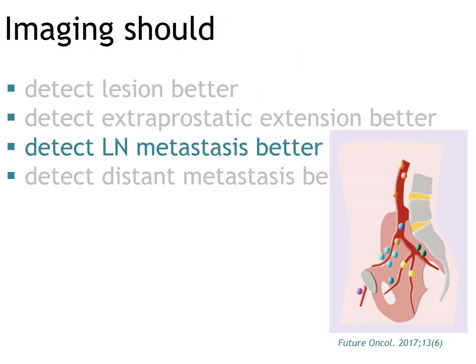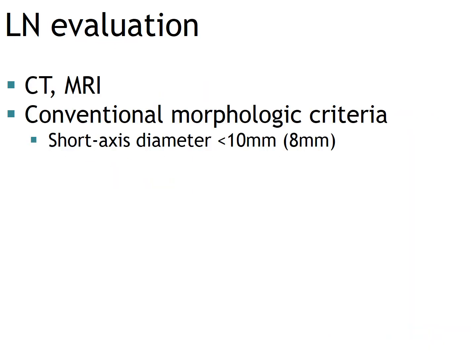Next, to stage prostate cancer better, imaging should detect lymph node metastasis better. For lymph node evaluation, still the best way is to use conventional morphology criteria, short axis diameter at CT or MRI, and most common criteria is 1 cm, but some use 8 mm criteria.